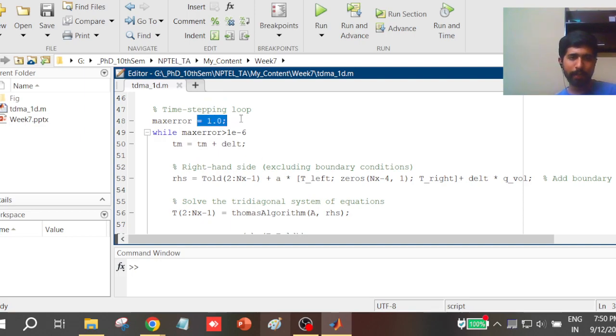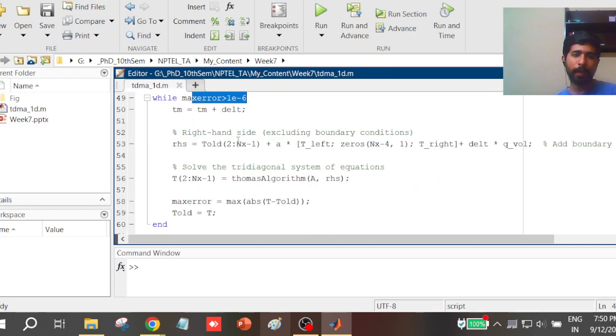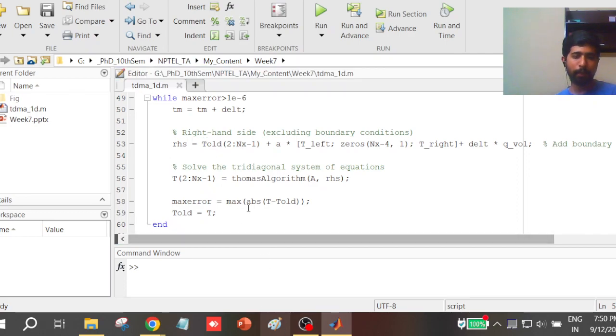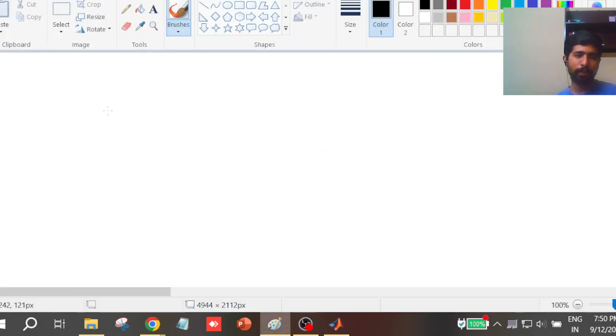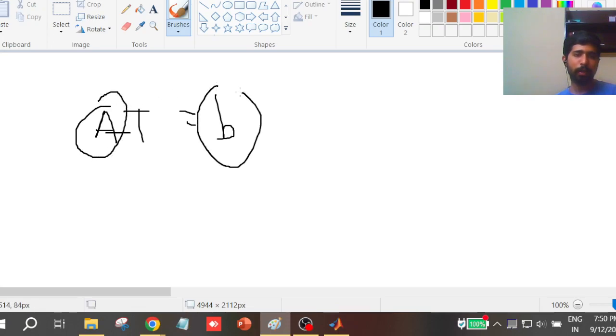So I enter the time stepping loop here first, as I said. Then what I do is calculate the values of the final temperature by solving this equation, A into T is equal to B. So I have to set up this A, which I have already done. B I call the RHS matrix, and this will mainly involve T I at n.